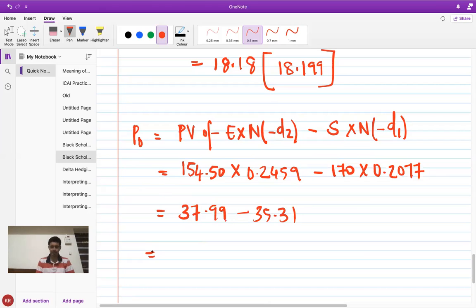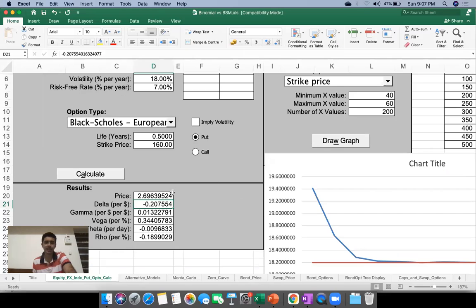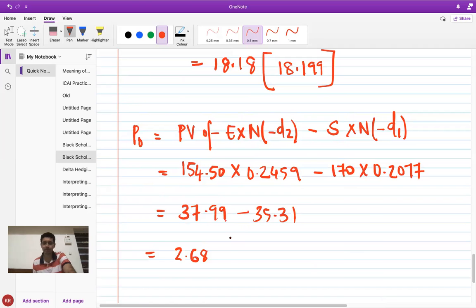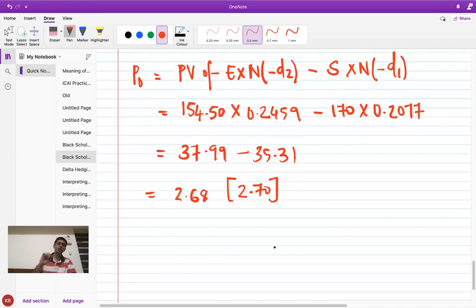The value is 2.68, and as per the Black-Scholes model it is 2.70. It is almost equal; the difference of 0.02 is only because of rounding.